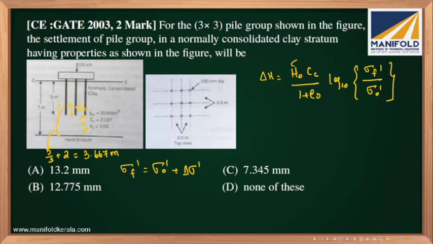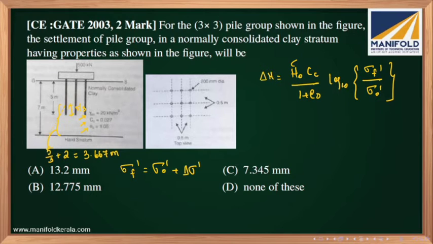As the distribution is happening from L by 3 from the base of the pile, 3.667 meter of soil is going to consolidate because of the 500 kilonewton load placed over the pile cap.